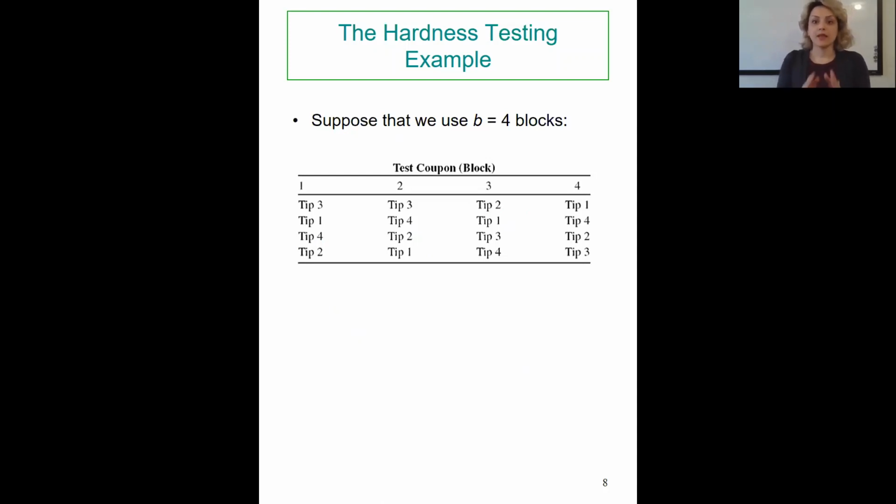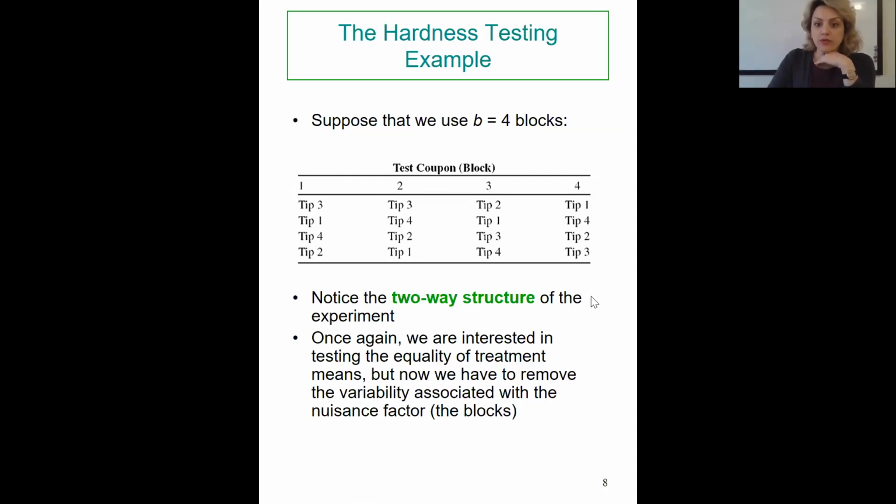Block number 1 has the combination of tip number 3, tip number 1, tip number 4, and tip number 2. Block number 2 is going to be tip number 3, tip number 4, tip number 2, and tip number 1. So you can see the sequence of them, and we have 4 tips for each.